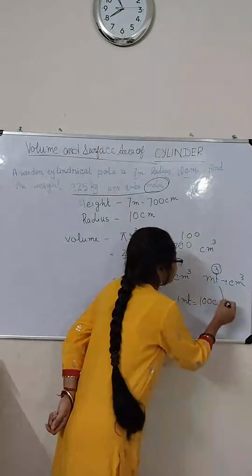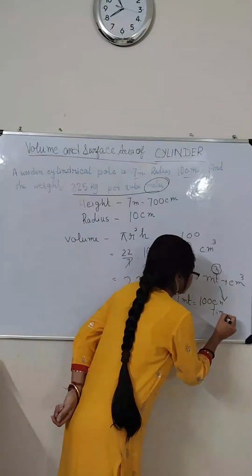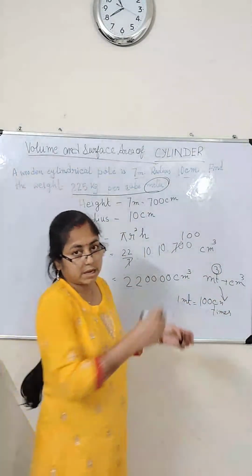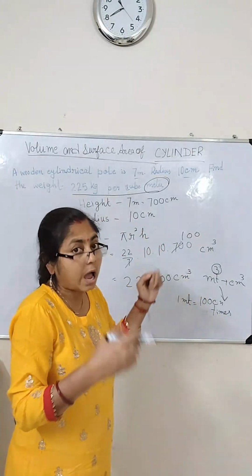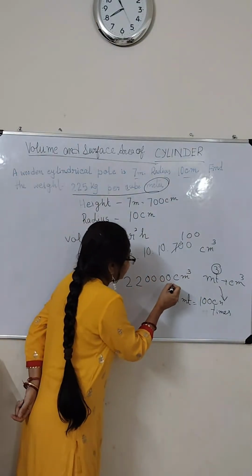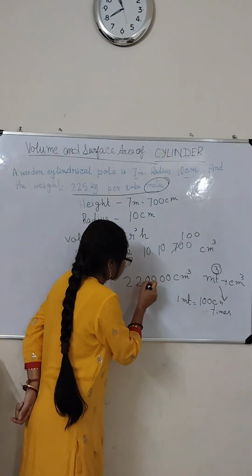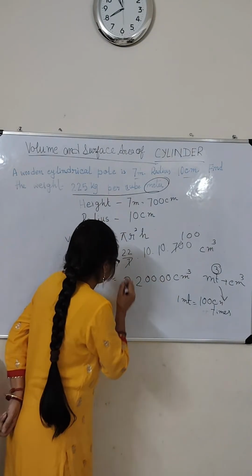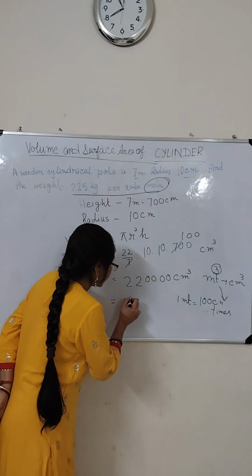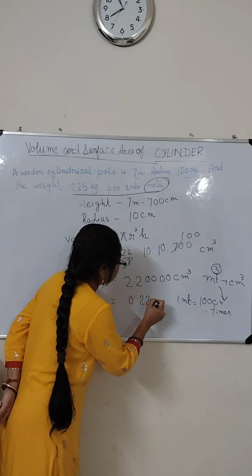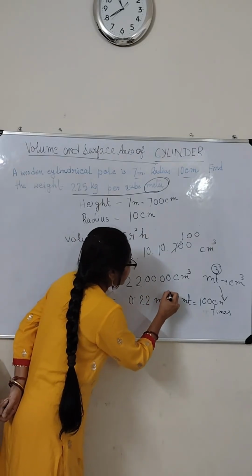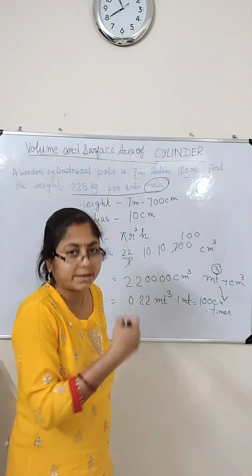So I converted centimeter to meter, and our answer is 0.22 meter cube. If there is any doubt, please tell me.